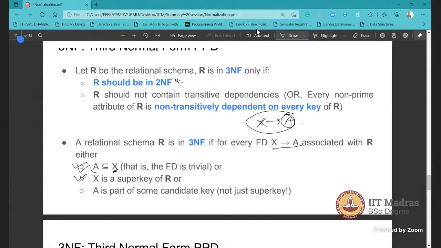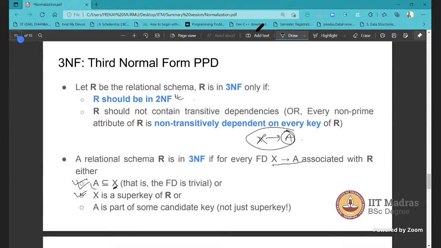And one term here is the transitive dependency. You can see the transitive dependency. Are you aware of what a transitive dependency is? Can anyone explain this particular term?